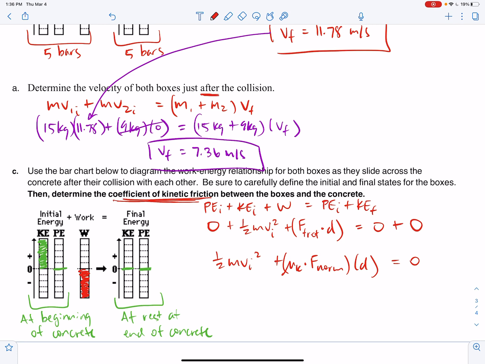Okay, and then let me break that apart even more. The normal force for an object that's just sitting on a flat surface is its mass times gravity. So let's break that down one more step. Mu sub k times mg is the normal force, times the distance is going to be equal to 0.